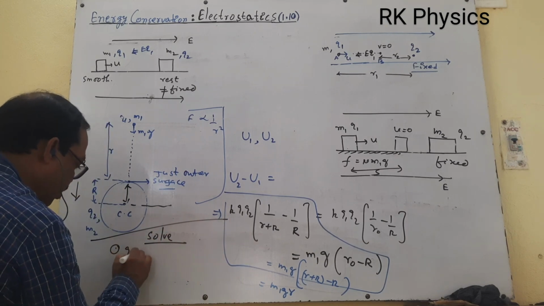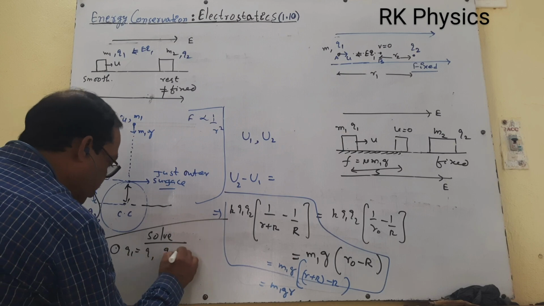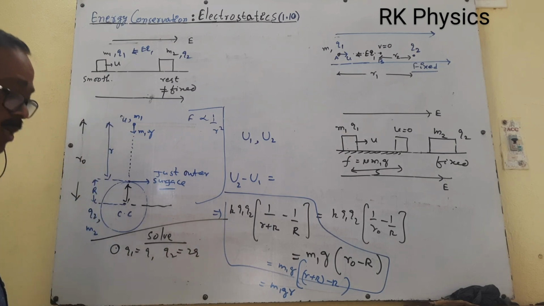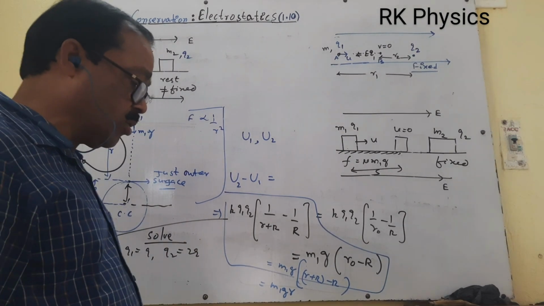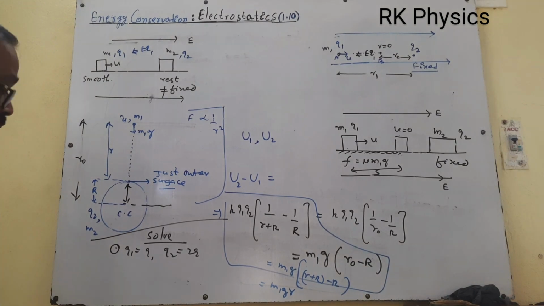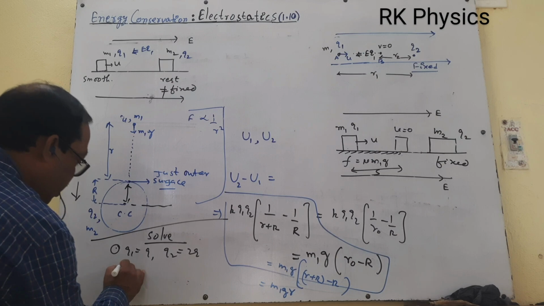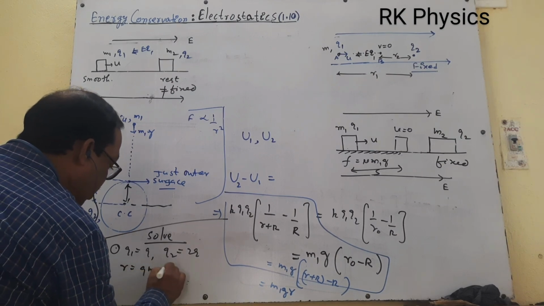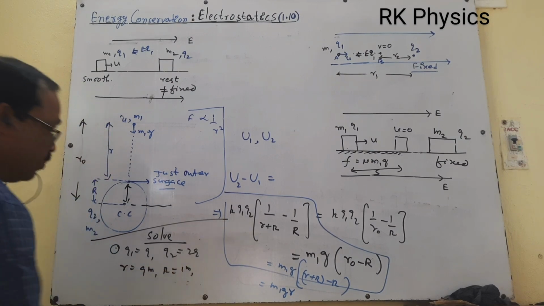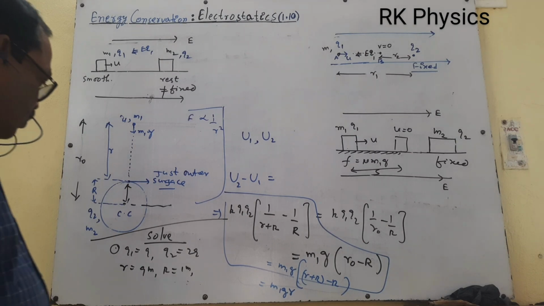First take Q1 equal to Q, Q2 equal to 2Q. Let us solve it. Small r equal to 9 meter, capital R equal to 1 meter, these are given.